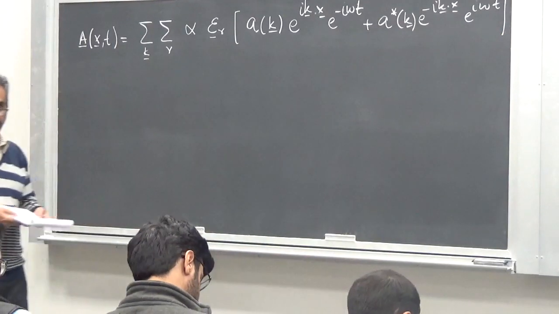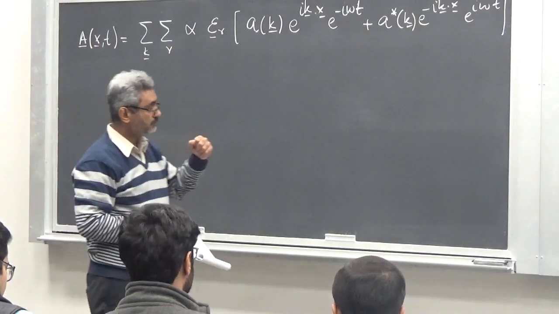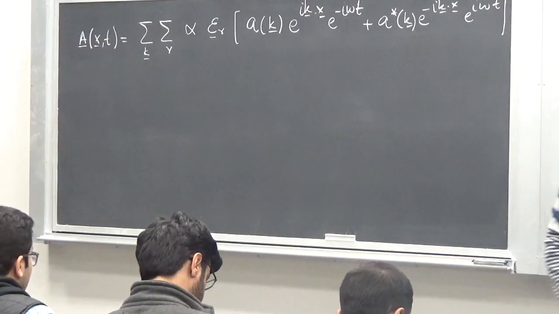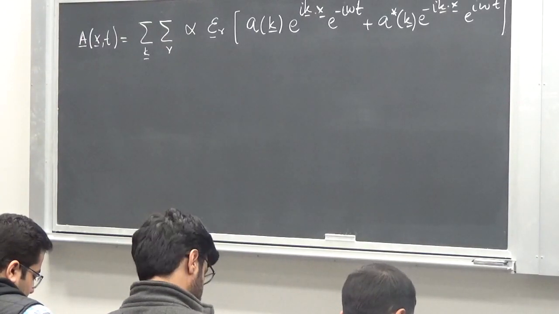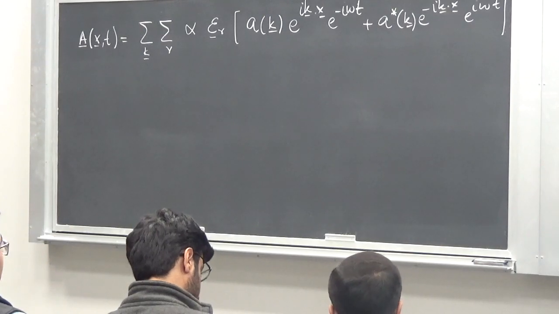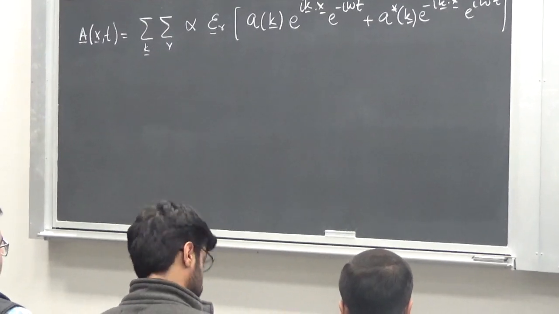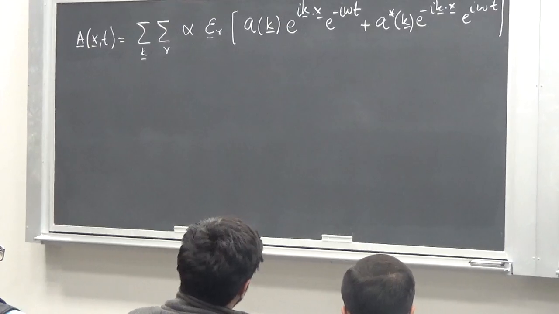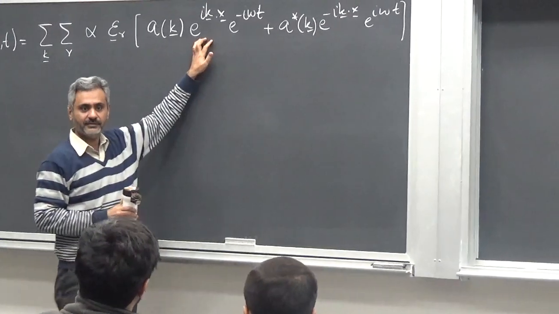Right? And so you'll always be able to do that. Can you see why you should always be able to do that? Do this with anything. Because what are these things?